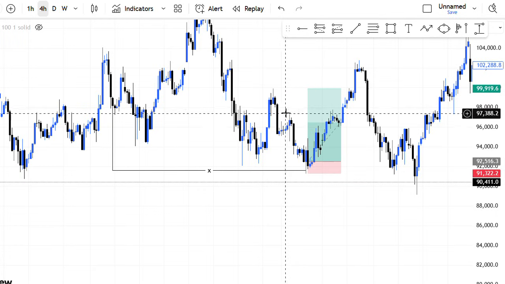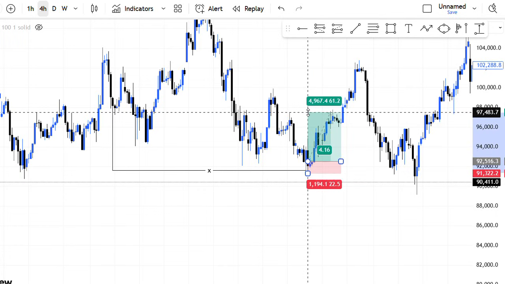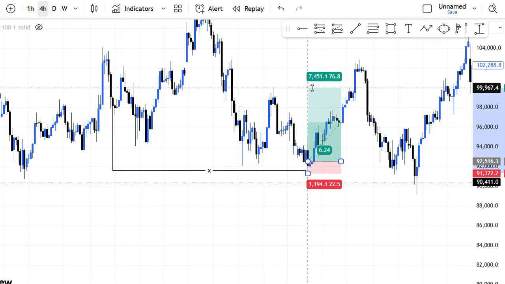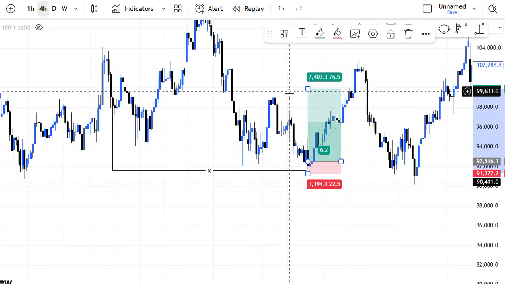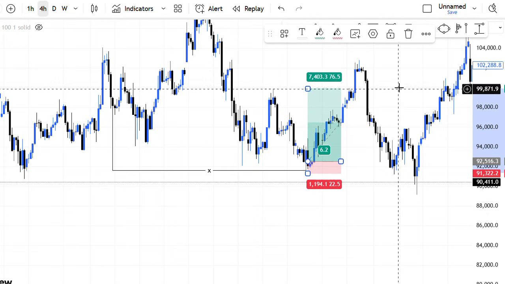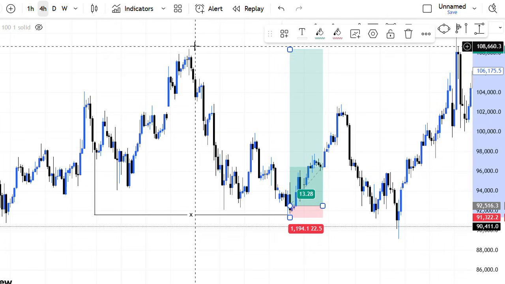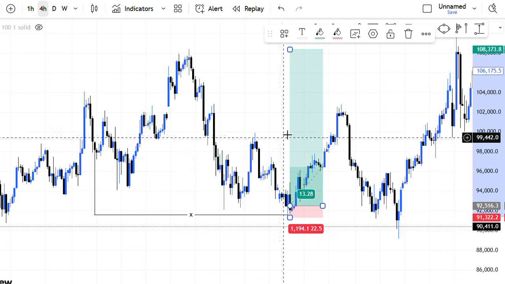I'll place my target at this level to confirm the change of character, or I'll take it here to create a new high. So this is what my targets will look like if I take the continuous buy here. You can also target the whole place since this is the last high of the market, but that will take a long time to happen because we are on the 4-hour time frame.